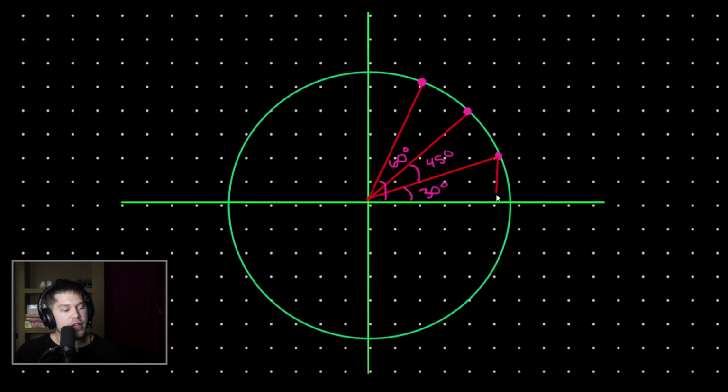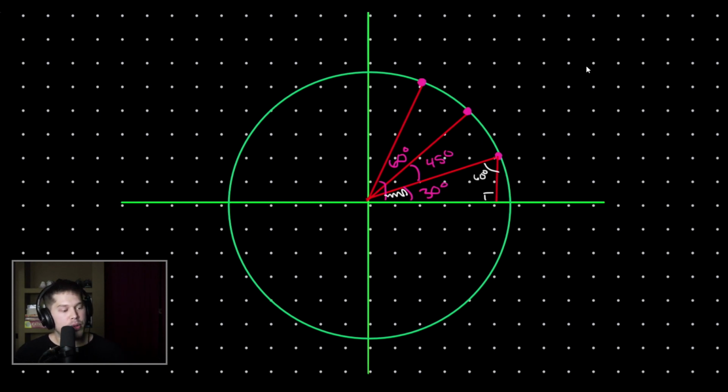If we complete and form a right triangle with this 30-degree angle, what do we have? So we have a right triangle. This angle here is 30 degrees. That means this angle here must be 60 degrees. Now this should remind you of our special 30, 60, 90 right triangle.